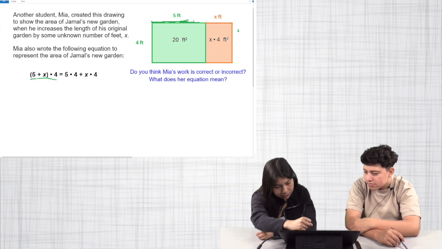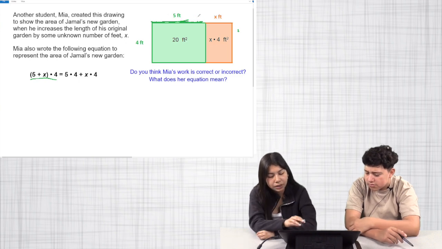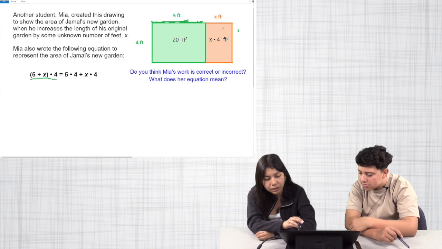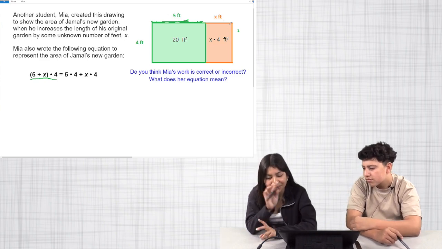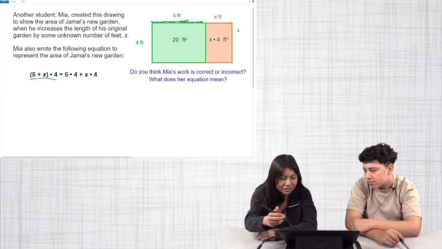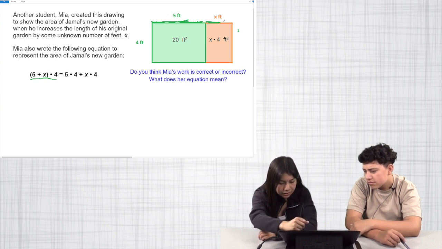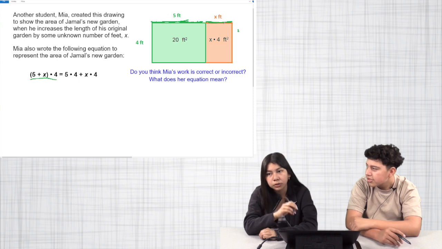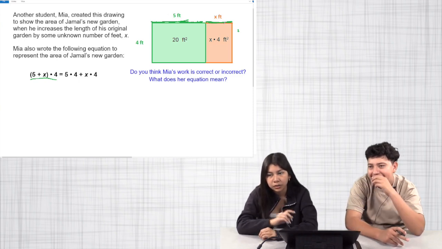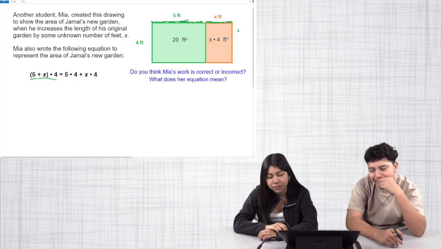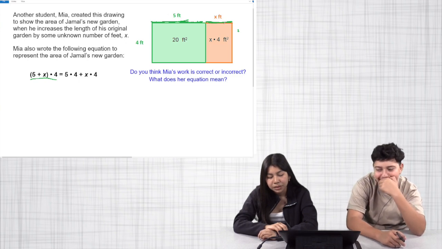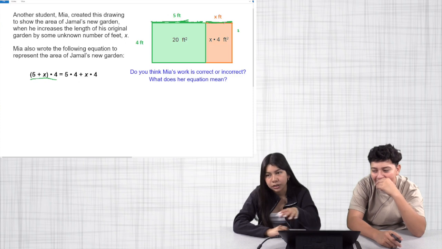And then the x is the length of the garden that we don't know yet. It's the unknown number. And what does 5 plus x mean then? It's the total area of everything, of the whole length. The 5 plus x is the area? No, wait. Length. Yeah, it's the total length of the new garden.